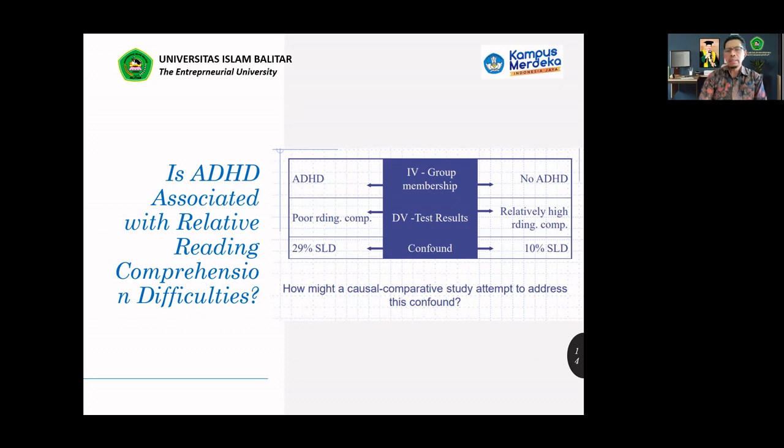That is the framework. And another question should be asked when we are looking at this framework: how might a causal comparative study attempt to address this confound? So you see now that here we call it confounding variables.